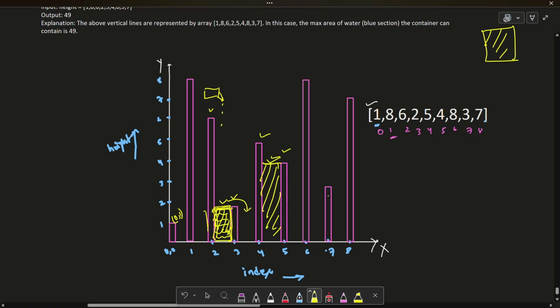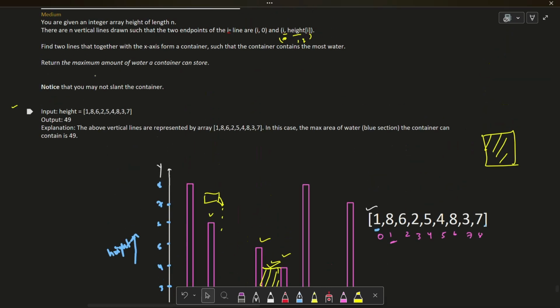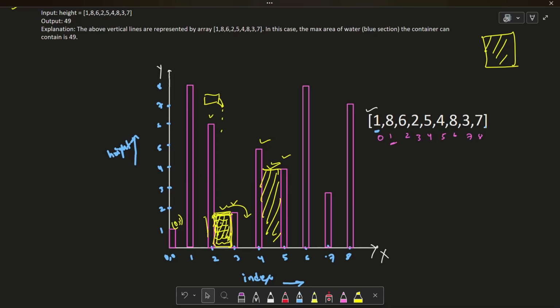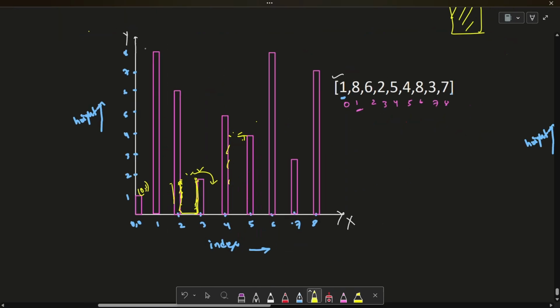So the question is saying this only: the maximum amount of water it can store. We have to return the maximum amount of water. We have to check how much water each container is holding, find the maximum amount, and return that. Just think, by analyzing the lines, which two lines will make the most water.